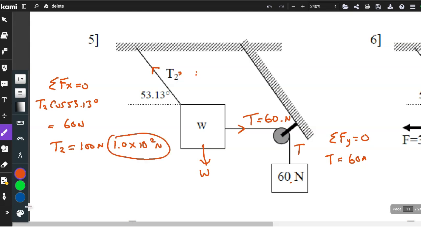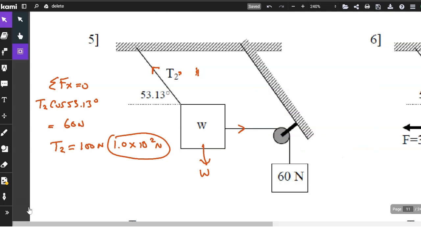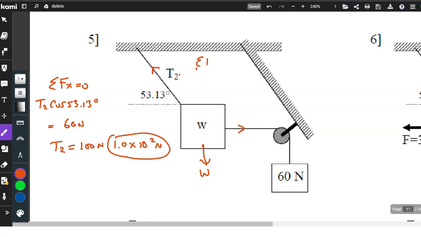Now that I've gotten this, I think I'm going to clean this up a little bit. Now I am going to get W. I got T2, now I got to get W. I do know that the sum of the forces in the y direction also equals 0.